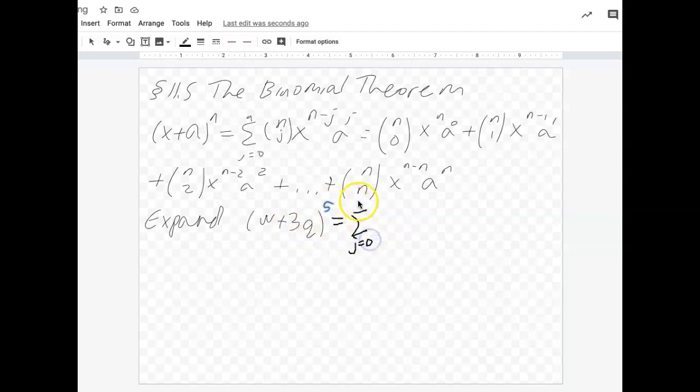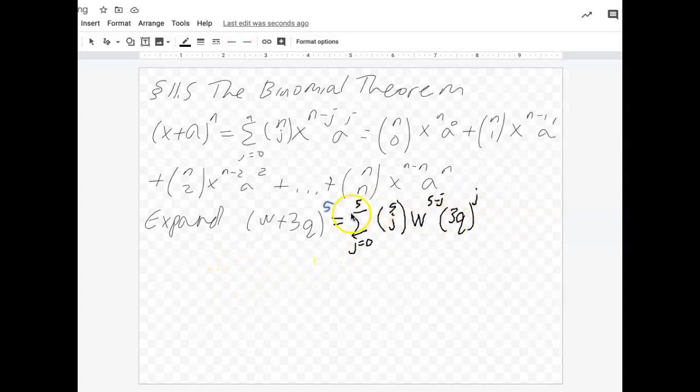It's going to be j equals 0 to 5 of 5 choose j times, instead of x, it's going to be w to the 5 minus j, and then instead of a, it'll be 3q. And I'll be sure to put this in parentheses, because when I'm raising it to powers of j, I want to make sure that it's the whole quantity raised to that power.